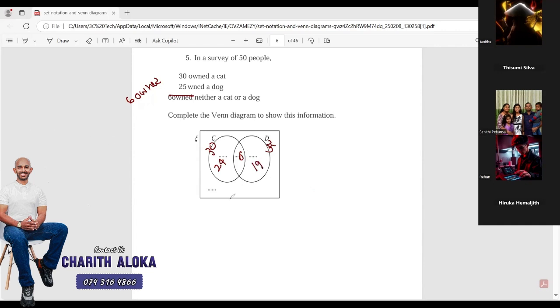There should be 19. Then there are 50 people in the survey. So 50 should be equal to 19 plus 24 plus 6 plus X. 50 is the total.